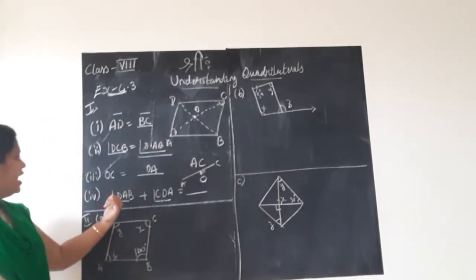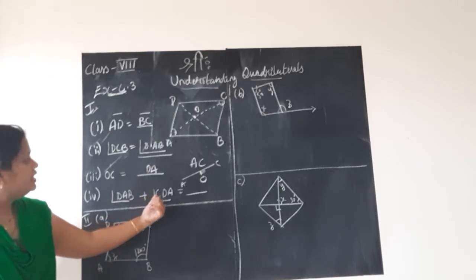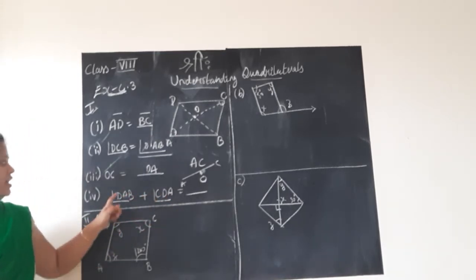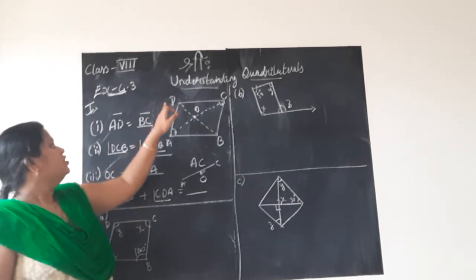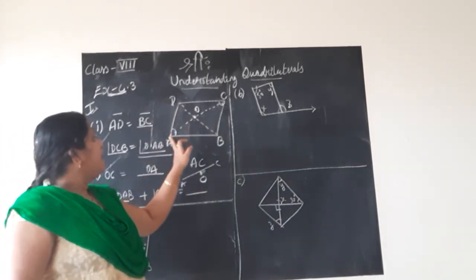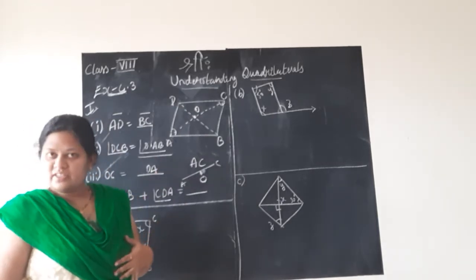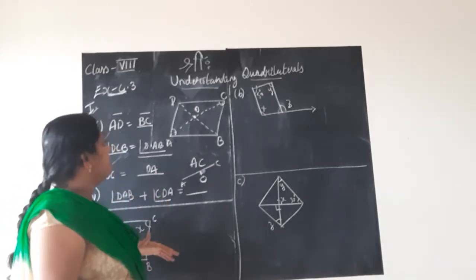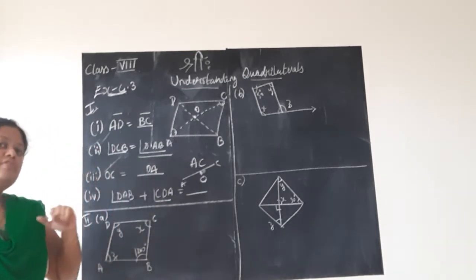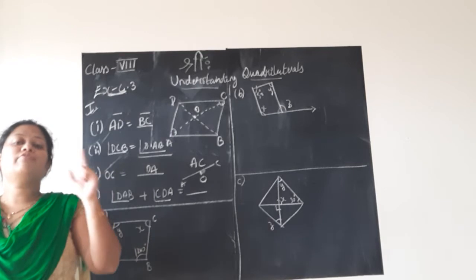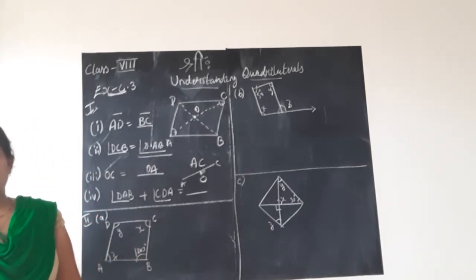So here angle DAB and angle CDA are there, which means I will mainly concentrate on angle A and angle D. Why? Those are the center ones. Angle A and angle D are one beside the other, so are they not adjacent angles, children? Yes, they are adjacent angles. One of the properties of a parallelogram says that the adjacent angles of a parallelogram are supplementary.